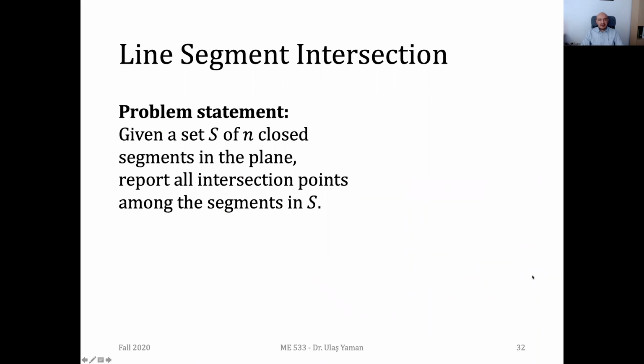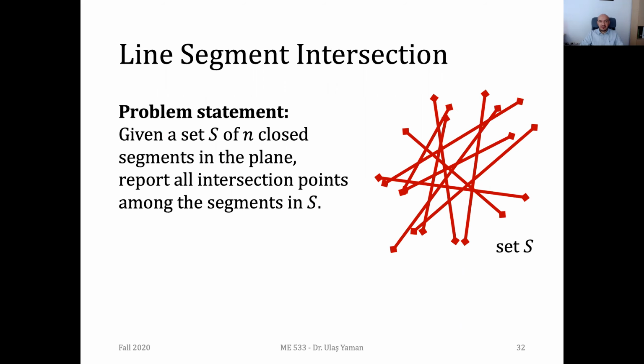So let's have a look at our problem. The problem we are going to work on in this topic. The problem is we have a set of closed segments in the plane. So we have, let's say, the first line, second line, third line, and we have up to n line segments, or they are called closed segments in the plane.